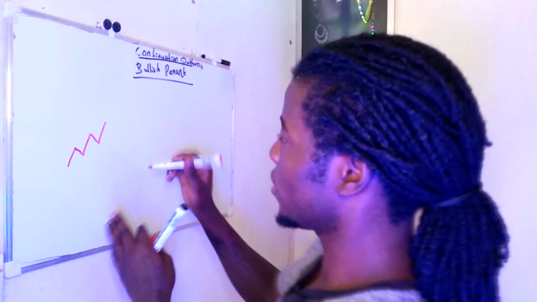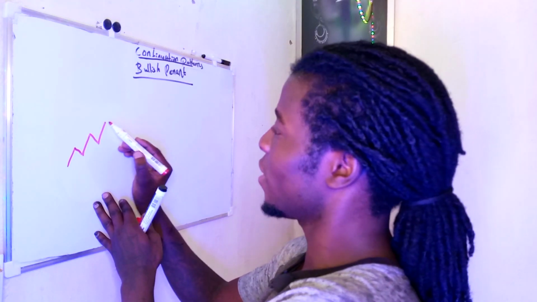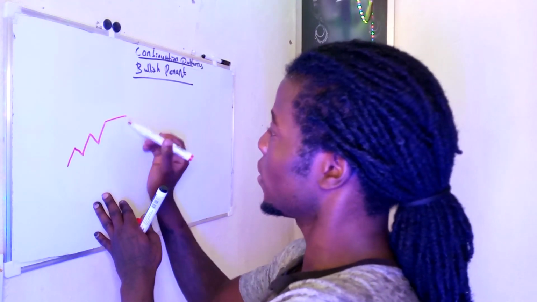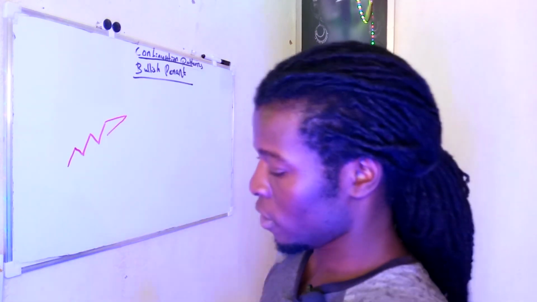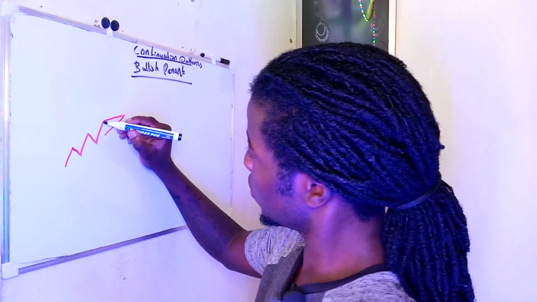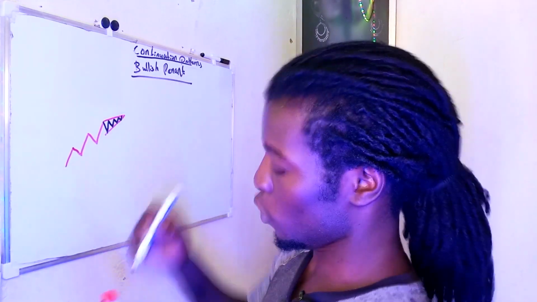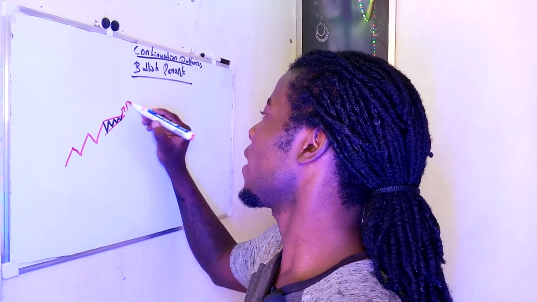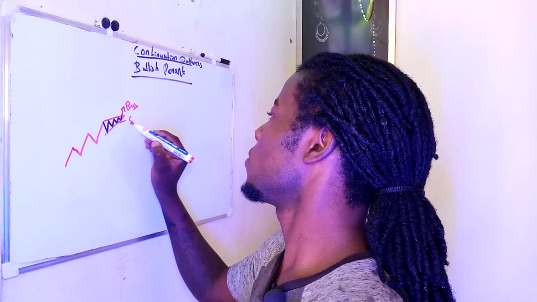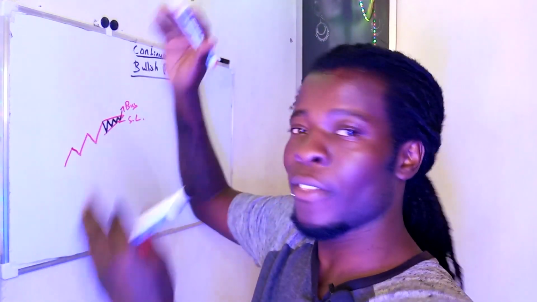But then when the market approaches our resistance, the market continues doing this and then does this. So you see that the market continues doing this. All you have to do is wait for the market to break. Boom, take your buy, then stop loss. This is a bullish pennant.